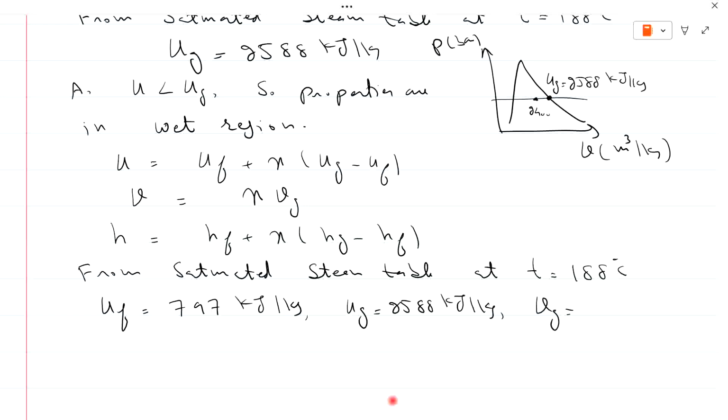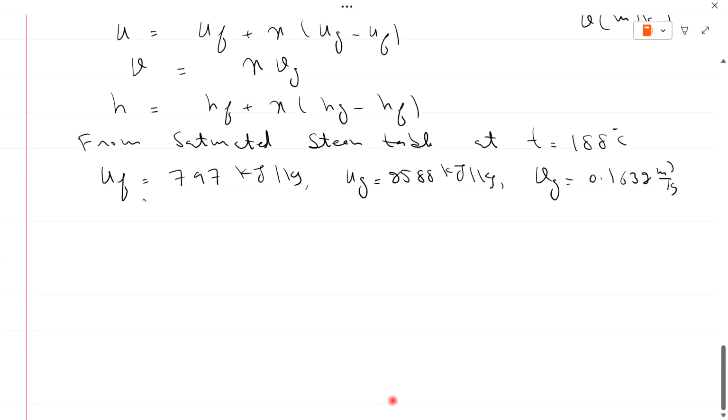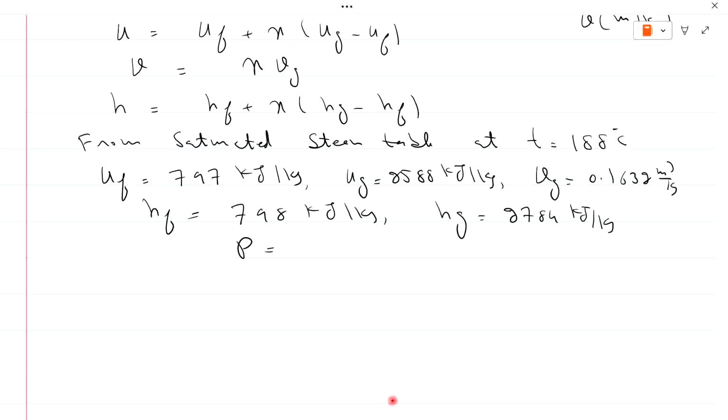Vg is equal to 0.1632 meter cube per kg, and Hf is equal to 798 kilojoule per kg, and Hg is equal to 2784 kilojoule per kg, and pressure is equal to 12 bar.